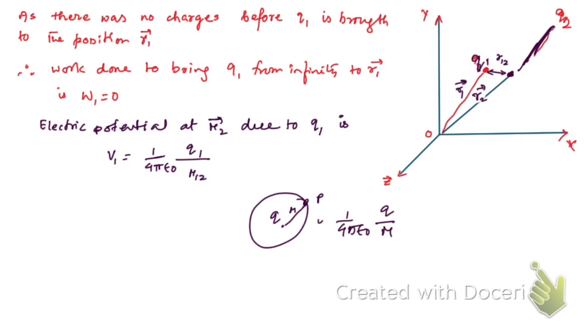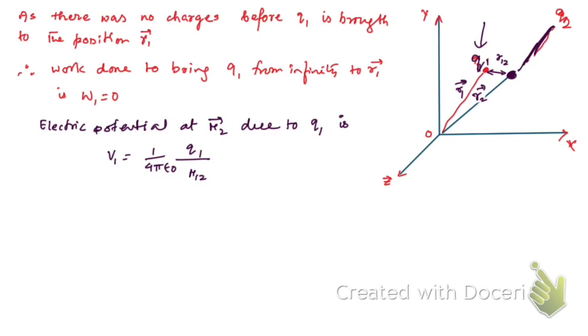That is the way we used to find the potential. So here we have applied that formula. Now we have already brought this Q1 here, so due to Q1 there must be a potential at this point to which we are trying to bring this Q2. That is why we have found the potential first, then we are going to find work done now.